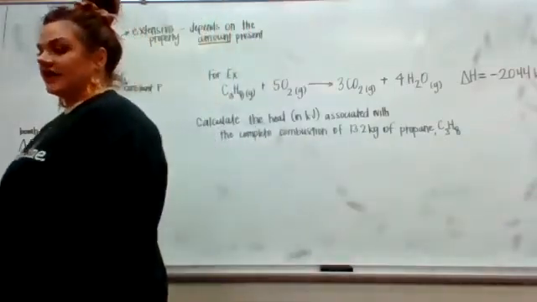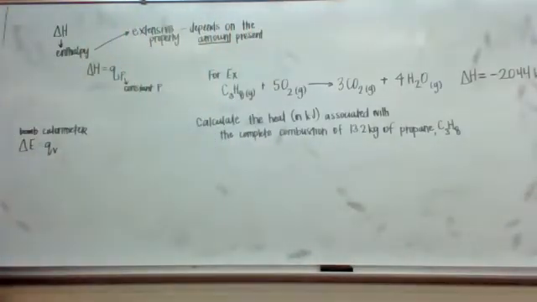So that asked you to calculate the heat associated with complete combustion. You should recognize this as a combustion reaction. It's carbon and hydrogen reacting with oxygen to form CO2 and water. But I'm telling you that we're going to start with 13.2 kilograms of propane. So I have to do a little dimensional analysis.